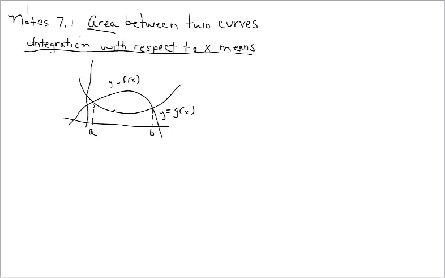All right, but the background on the setup of the integral goes like this. If we were to inscribe from a to b an infinite number of thin rectangles, find the area in each and every one of those rectangles, and then sum them, we would have the area between these two curves.